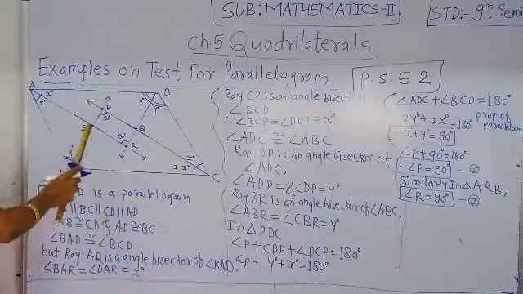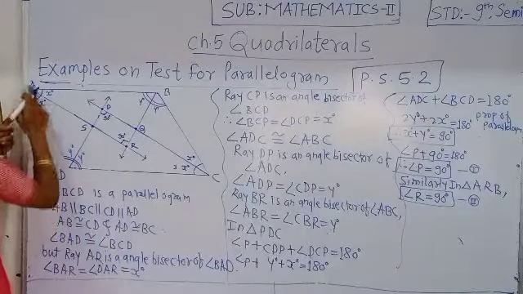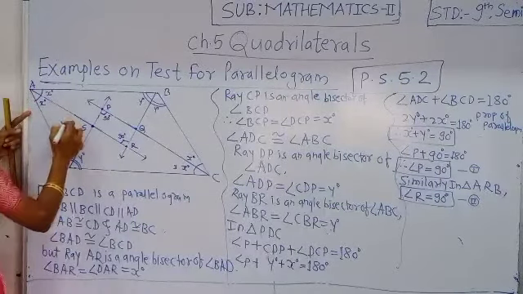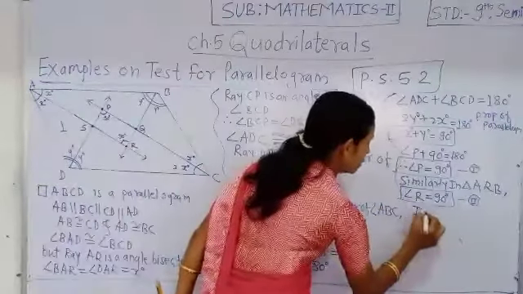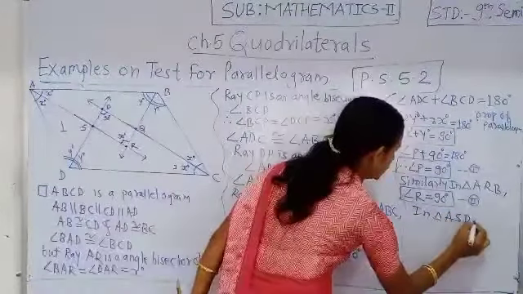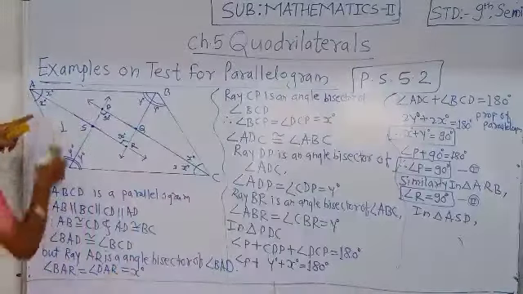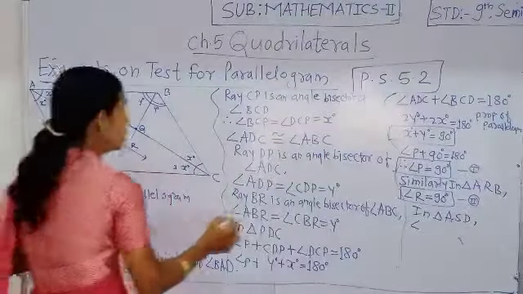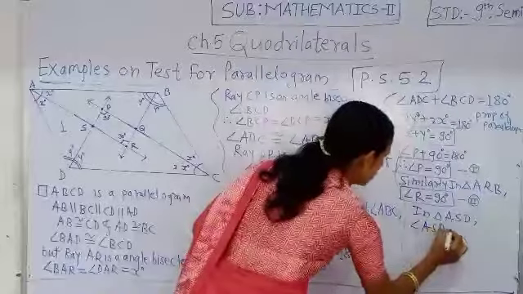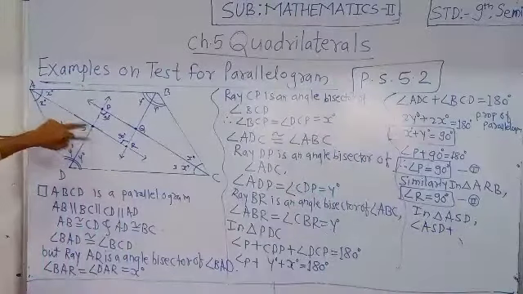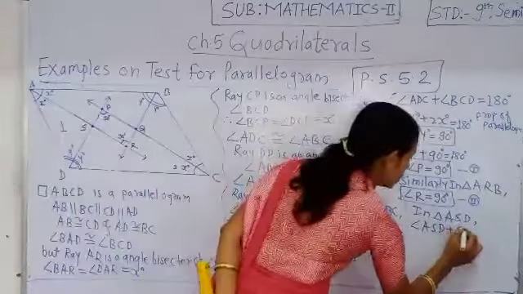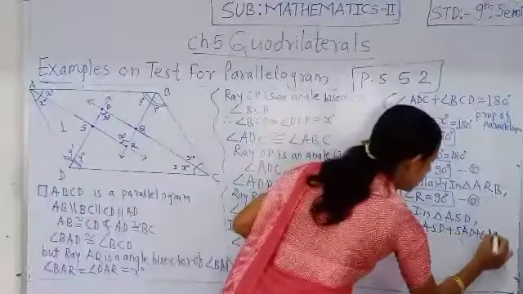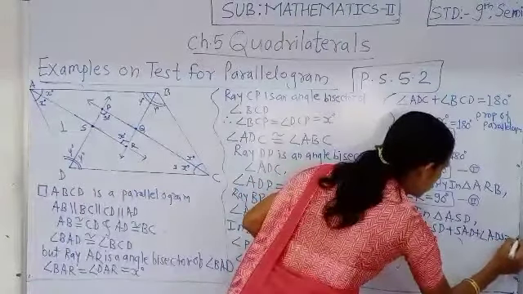Then see here, in triangle ASD, angle ASD plus angle SAD plus angle ADS is equal to 180 degree.